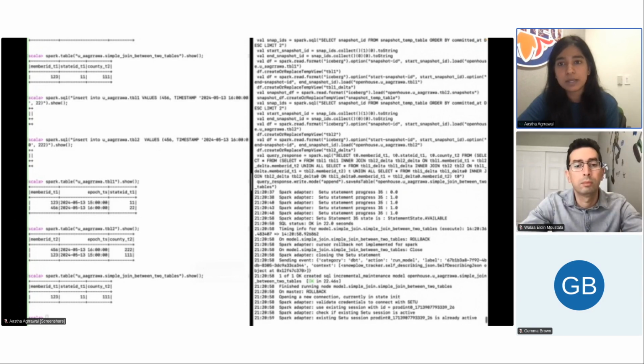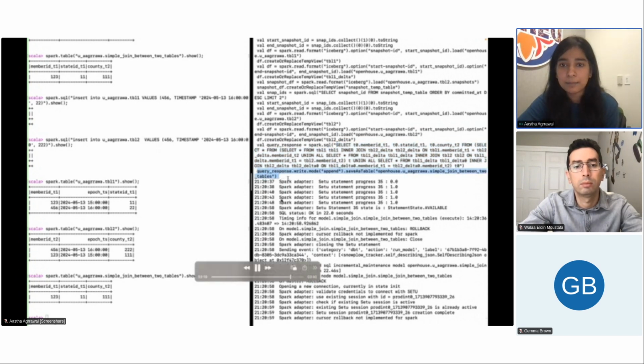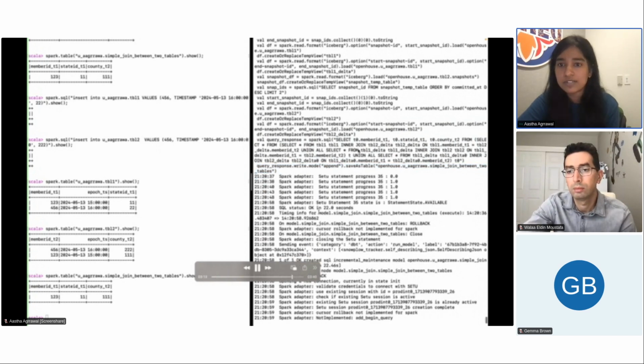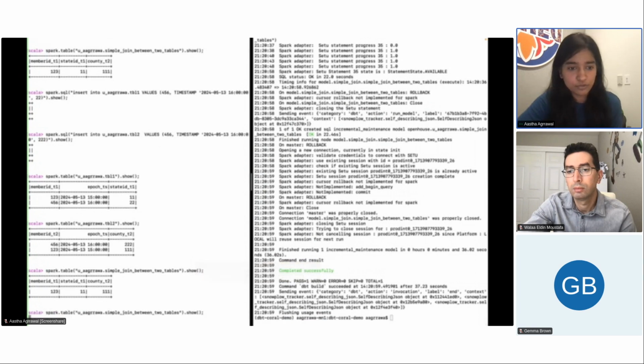And it was also able to load the delta data added to both tables in the table underscore delta temporary views. And at the end of it, we see the query which was returned by the Coral service, which is an incremental query defined in terms of those 4 data frames. And this was run to append to the table.